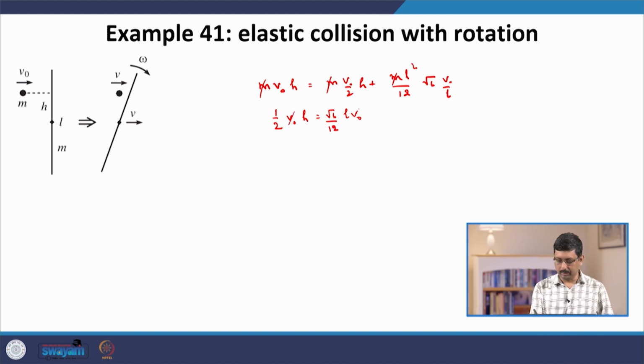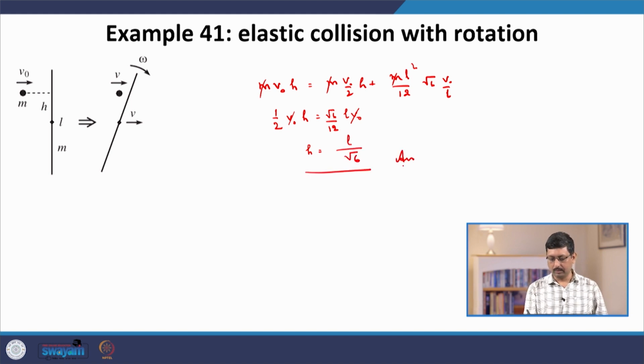The v naught gets cancelled, so we get h to be L divided by root 6. So this is the answer.